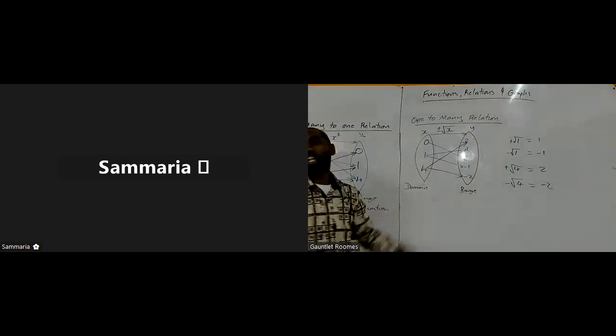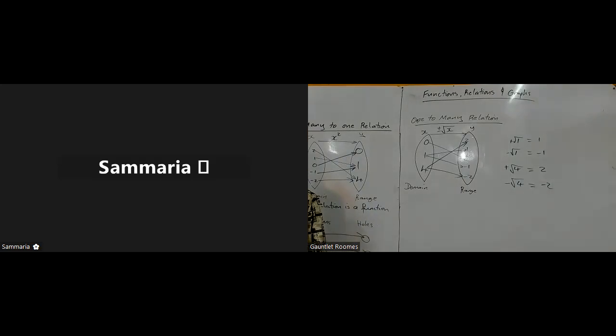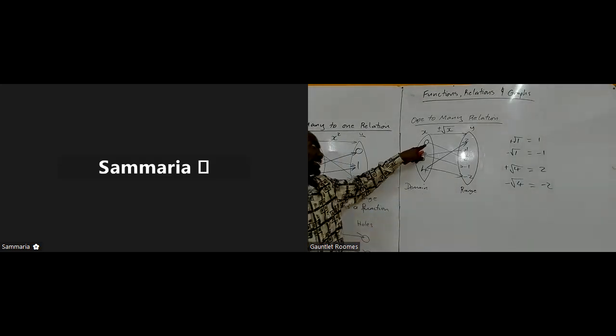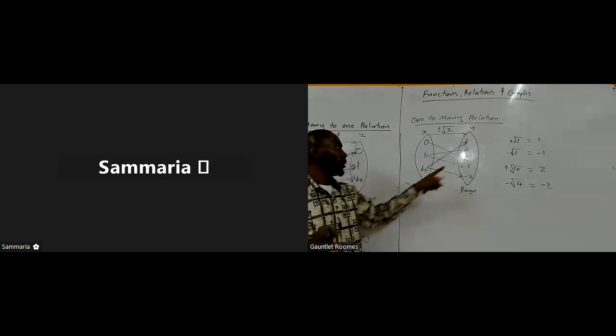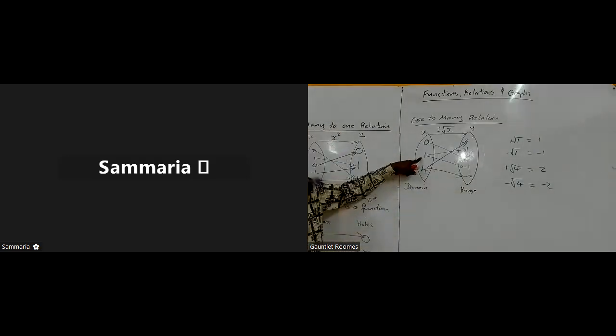Now, based on the definition, is this relation a function? No, it's not a function. Why, sir? Because while this element mapped onto only 1, there exists at least one element that does not map onto only one value.